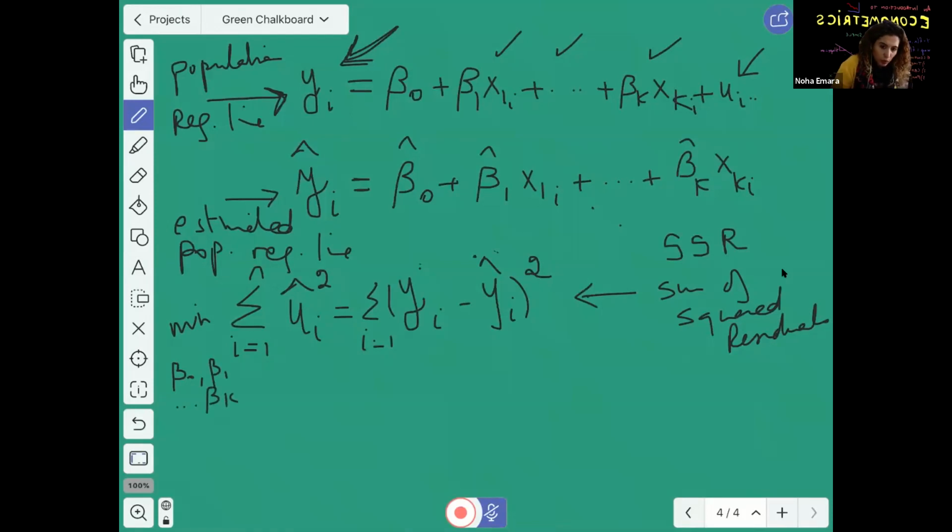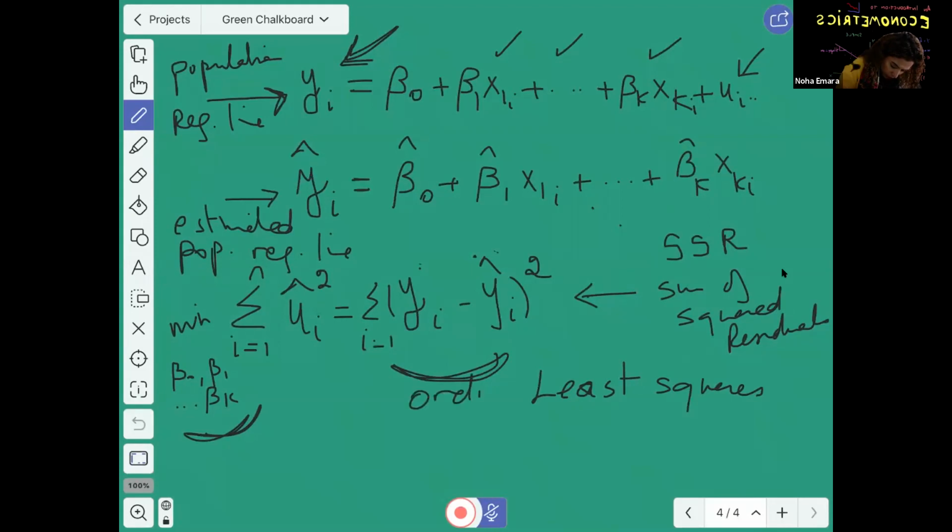So I want to try to find the set of coefficients that make this gap as small as possible. This is the idea of least squares, or what we call ordinary least squares, OLS.